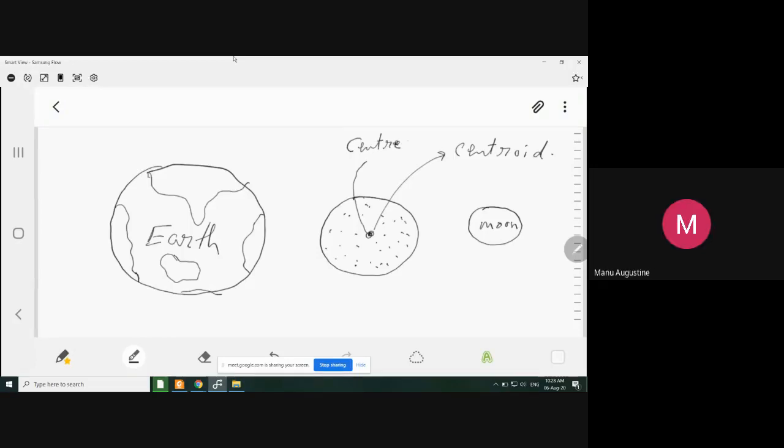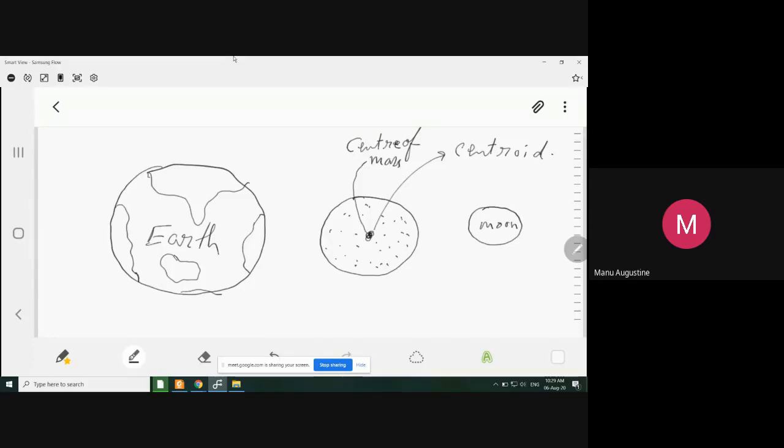क्योंकि सर, सेंटर ऑफ मास क्या चीज है? It is the point at which the complete mass of the body can be assumed to be concentrated. And since the mass is perfectly uniformly distributed, it is a perfect sphere, the center of mass and the centroid will be found at the same location.